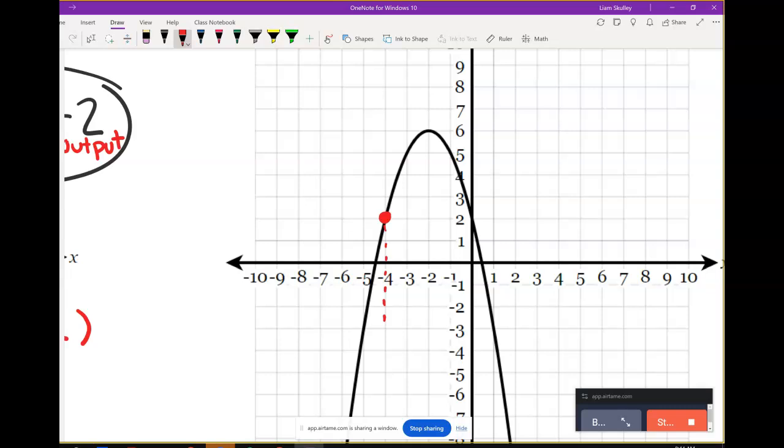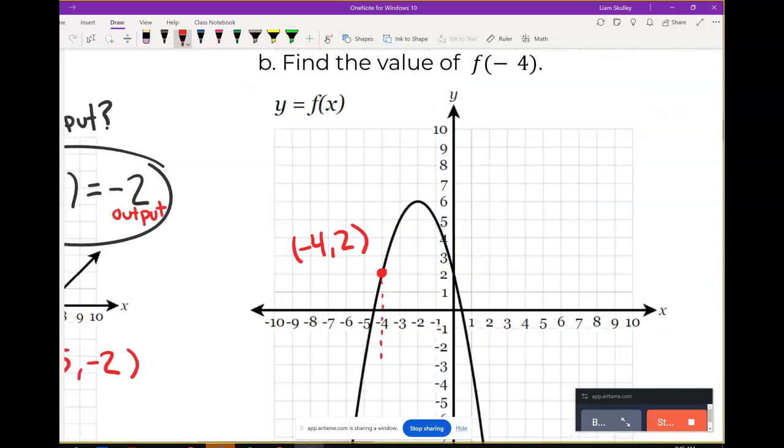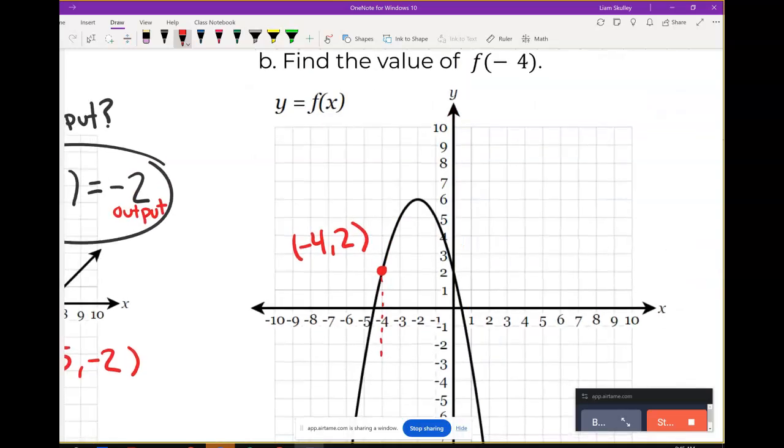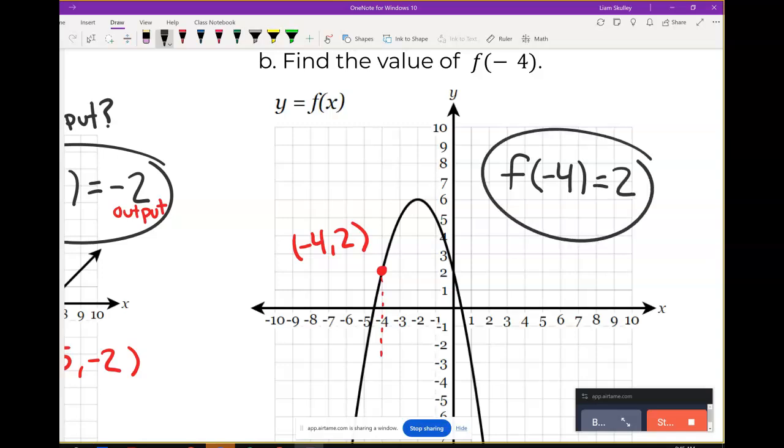So I'm looking at the point negative 4, comma, positive 2. So my input is negative 4, and my output is positive 2. So to write my answer, I could say f of negative 4 is equal to 2. I have my input, and I also have my output.